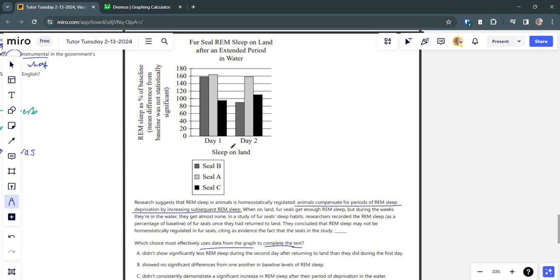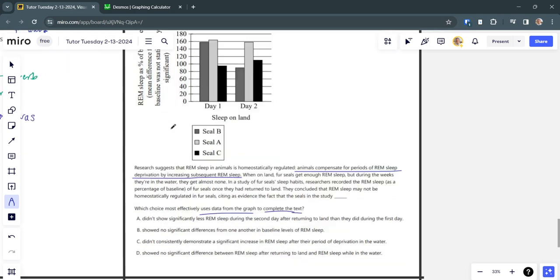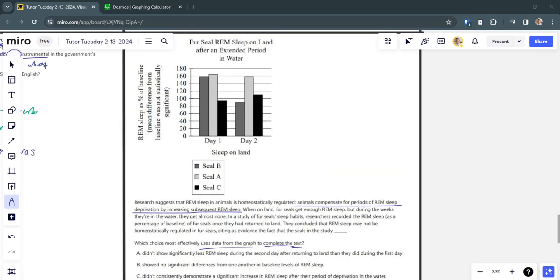What it looks like is fur seal REM sleep on land after an extended period in water. On day 1, we have these three seals sleeping this much, and on day 2 we have these three seals sleeping this much. If I compare seal to seal, seal B slept less on day 2, and most of them slept less on day 2 except for seal C, which slept a little bit more.